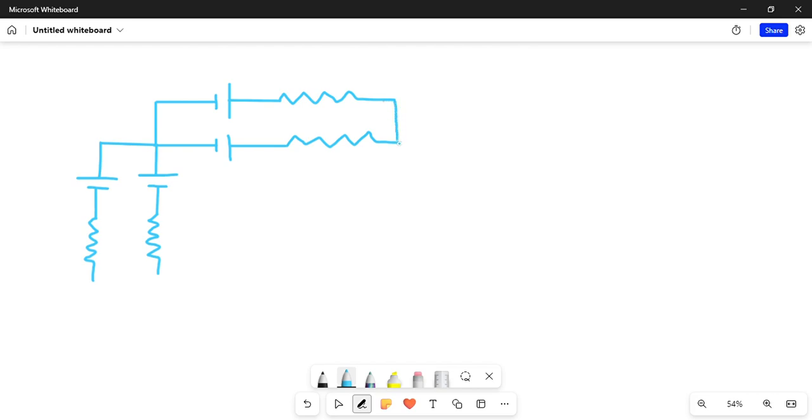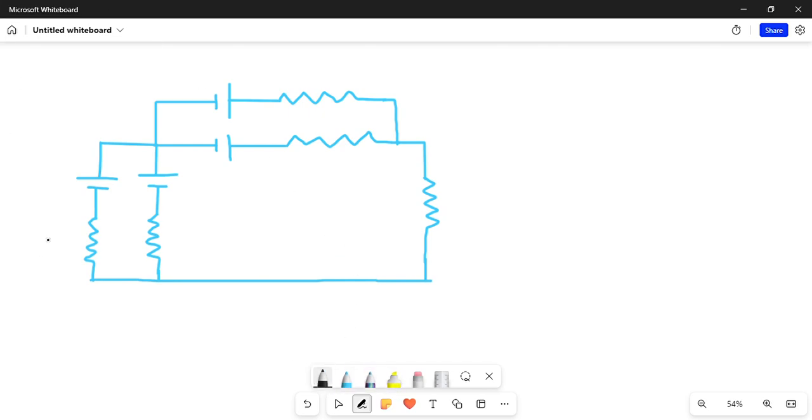So this is the diagram, and I'll mark it.